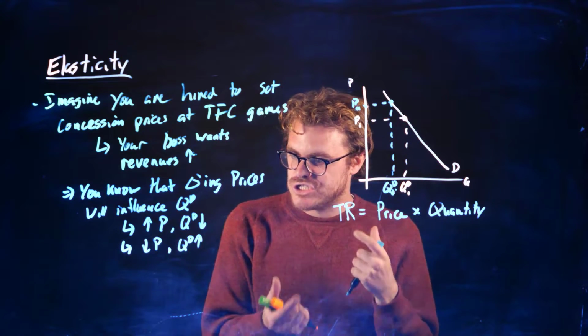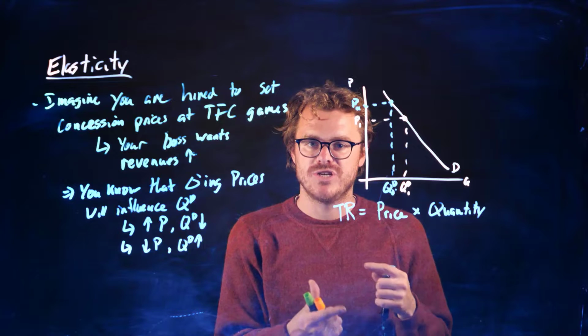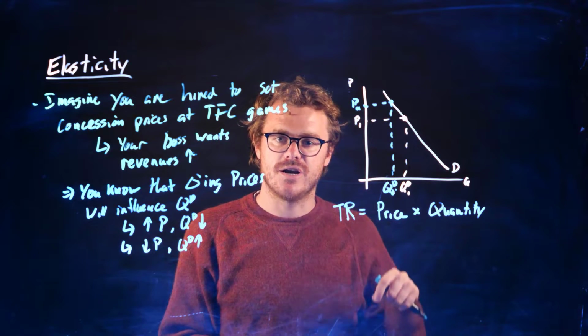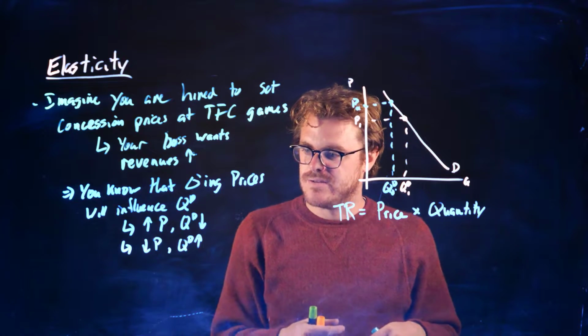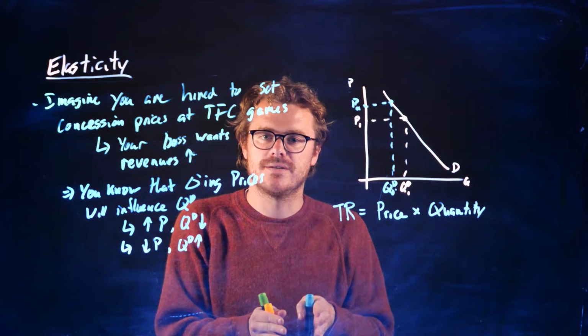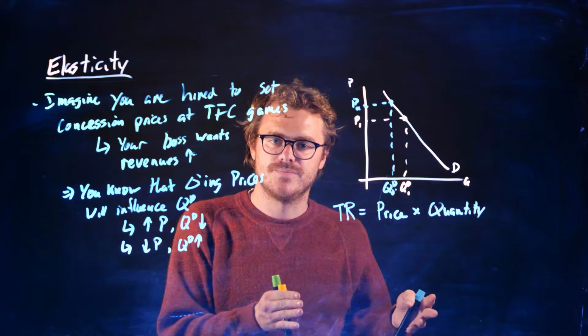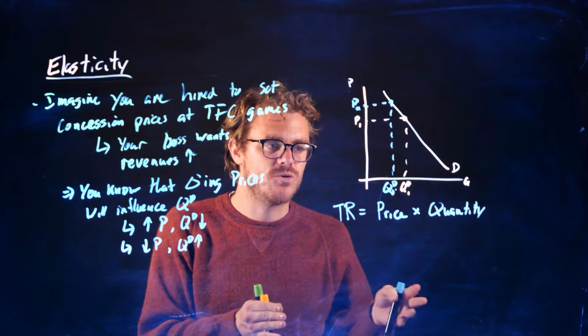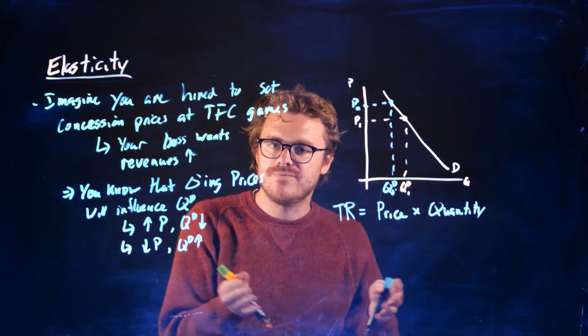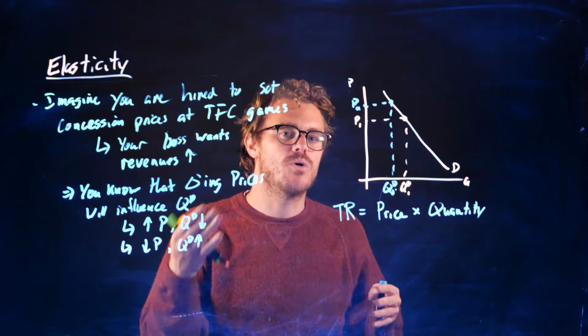So we see these two effects happening when we change the price. If we raise the price, the quantity demanded goes down, which means we're bringing in more revenue per unit, but we're selling less of them. What happens to total revenue depends on which of these effects is bigger. Is the price effect bigger, the fact that we get more per unit?